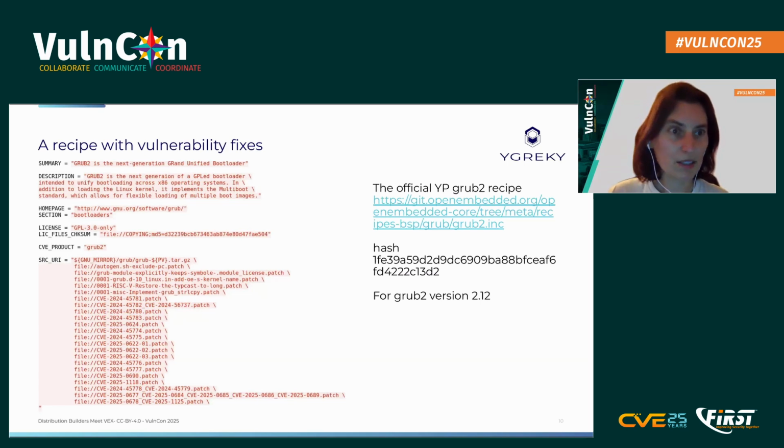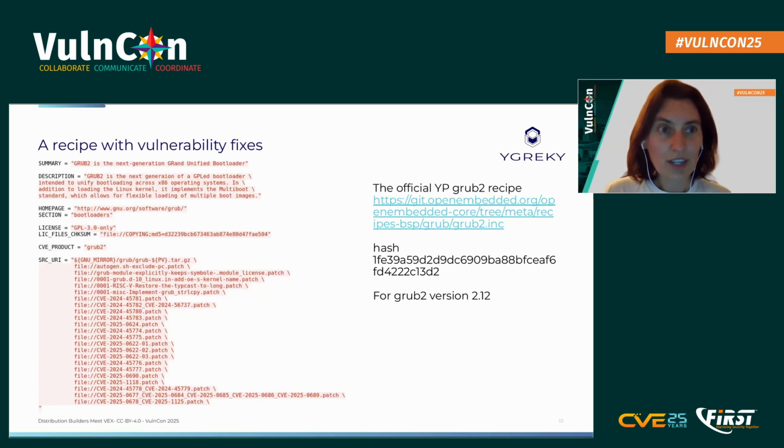There are many, because in this specific example, the grub project doesn't have a policy of stable versions. So if you have a device on the market, you need to grab all the subsequent patches and apply them to your release version. And for grub, it can really get quite long.